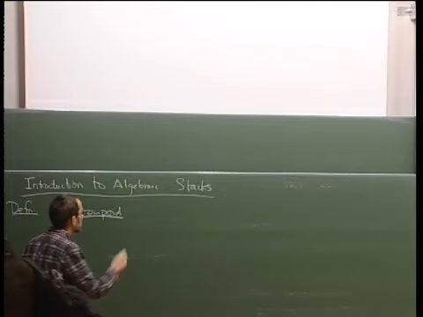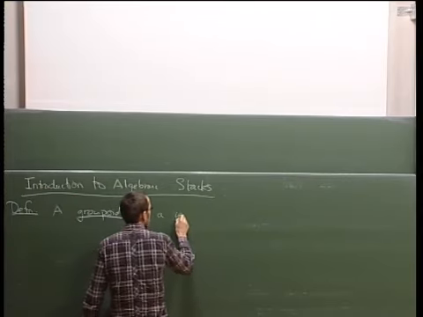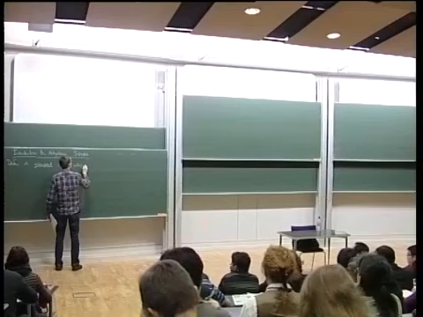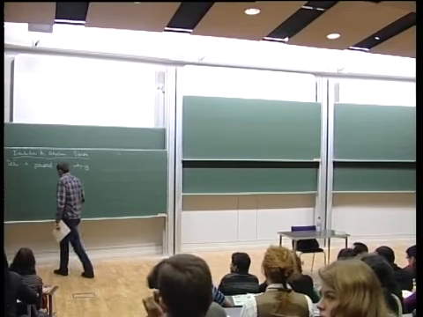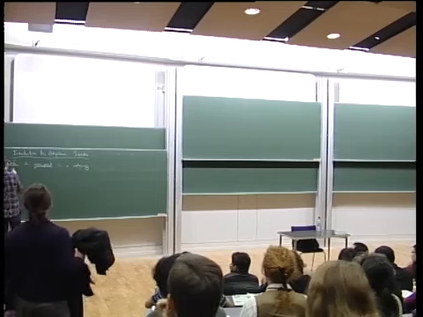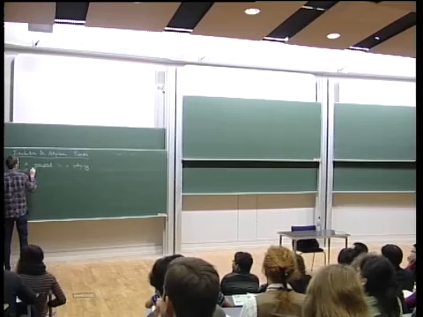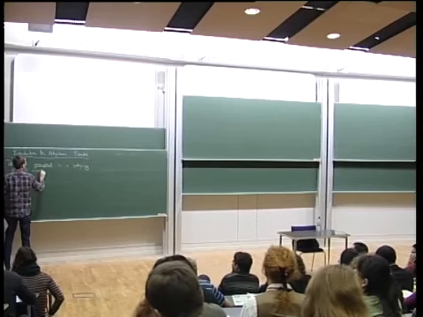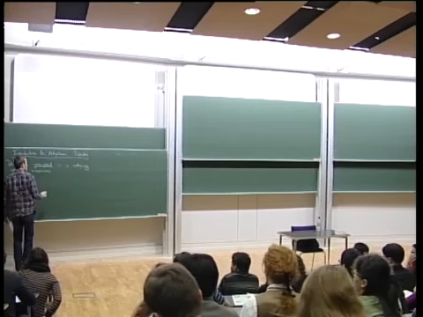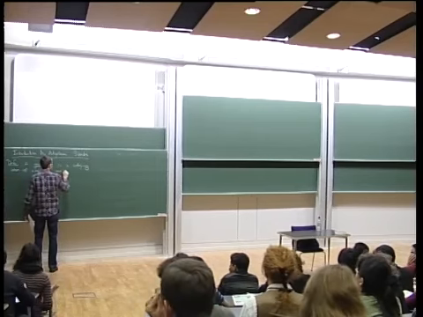A groupoid is a category where all morphisms are invertible.